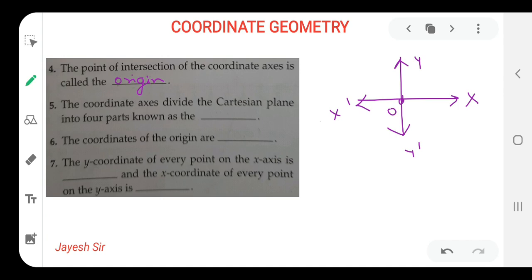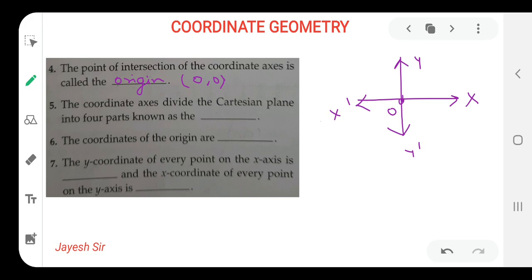I hope you all might be getting it, friends. And its coordinates are 0, 0. We can also write that because we know this thing also, and I'm not giving exams, so I can write much more than asked in the question, so that it would be easier for you to recall and remember it easily.